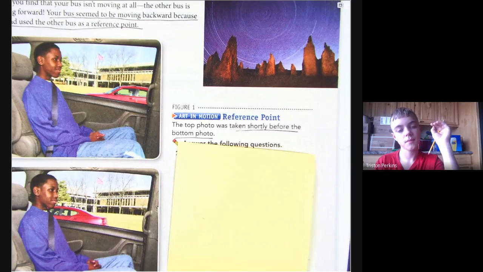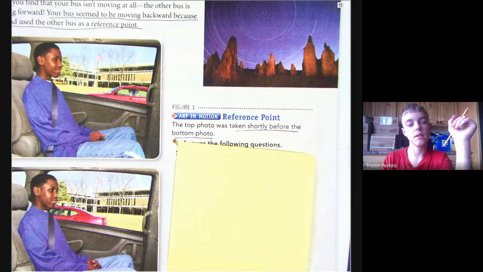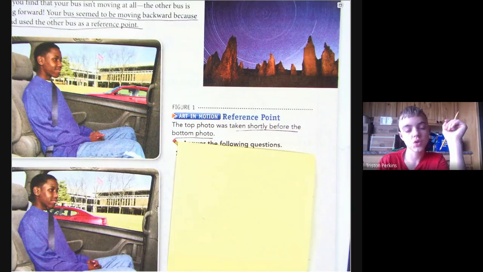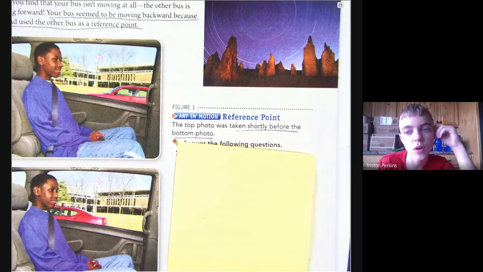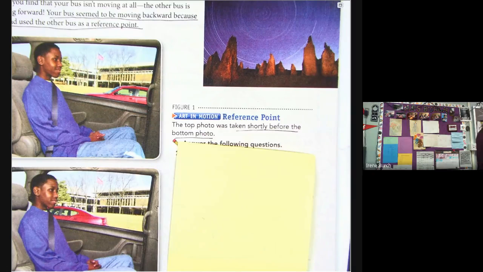Because the front is facing the back of the car that the man is inside of, and shortly after there's a person inside the red car, and they're probably in different intersections of the road. So one's facing one way and one's facing the opposite. Okay, so you use the guy in the car, good. Braden, what did you use to be able to tell if the red car is moving?